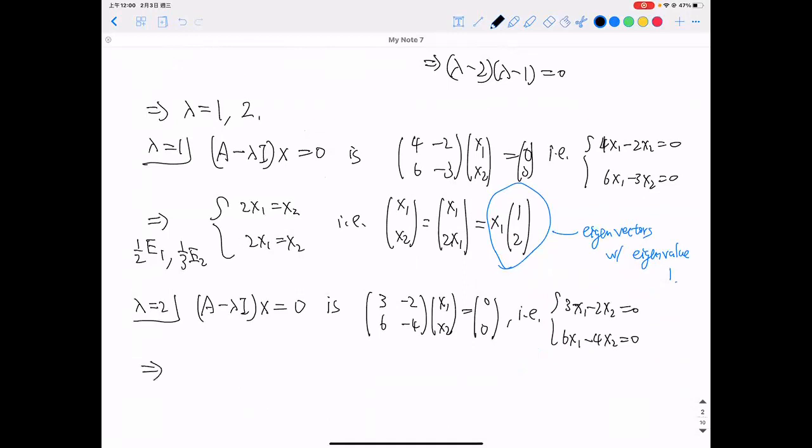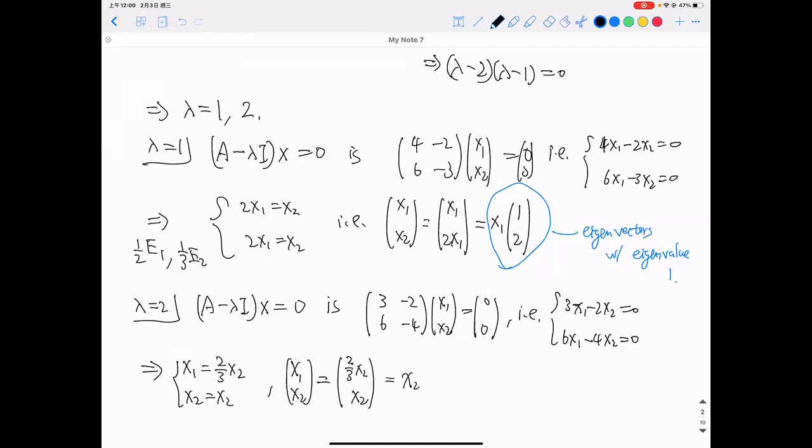So from here, you don't even need to work. You just immediately solve the system: x1 is 2/3 x2, x2 is still x2. So in vector form, (x1, x2) is, x1 is 2/3 of x2, x2 is x2.